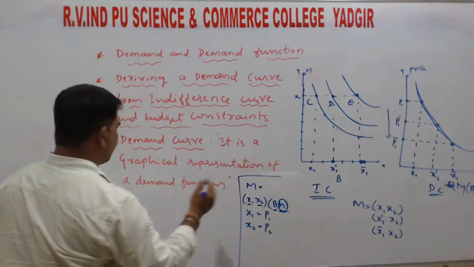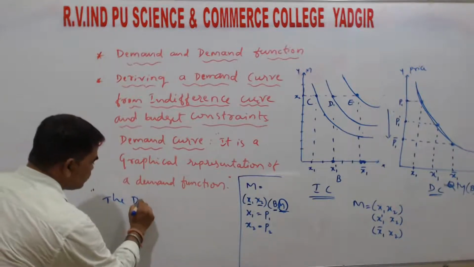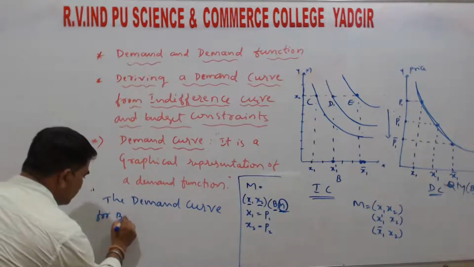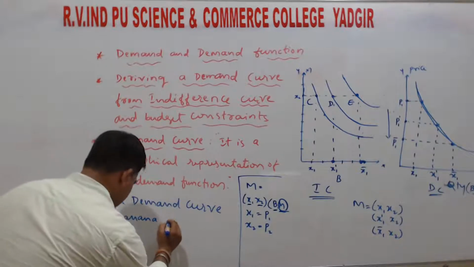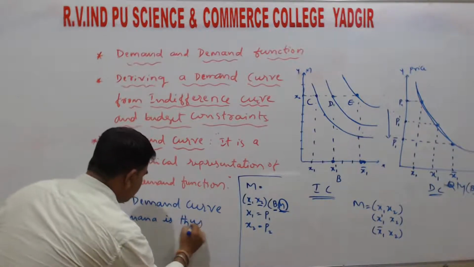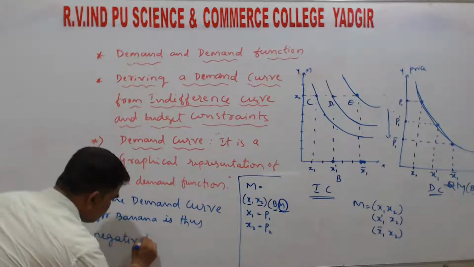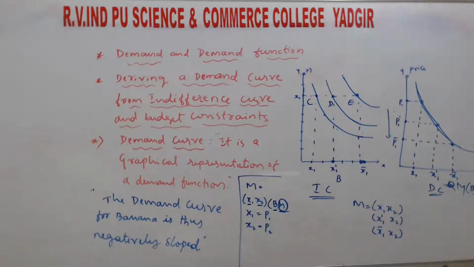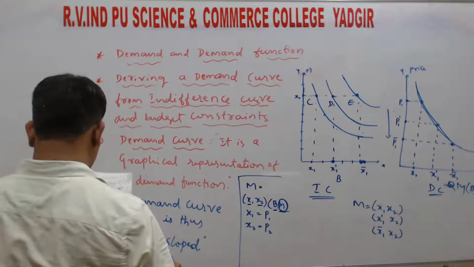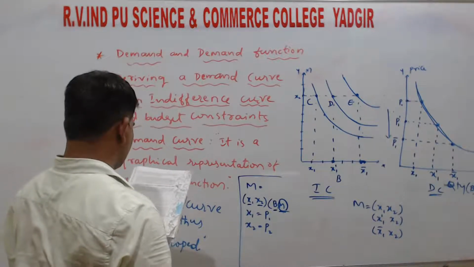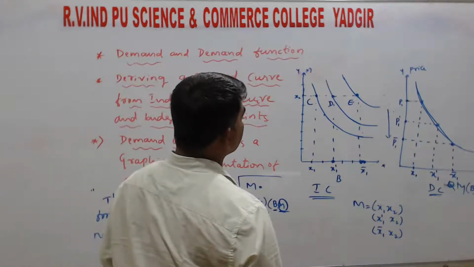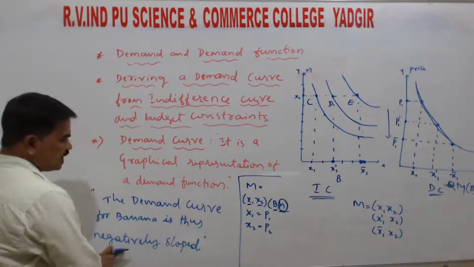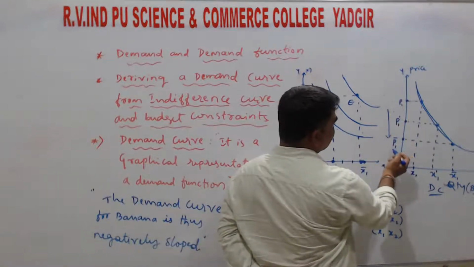With the example of banana and mango, I can say the demand curve for banana is negatively sloped because of the price change.